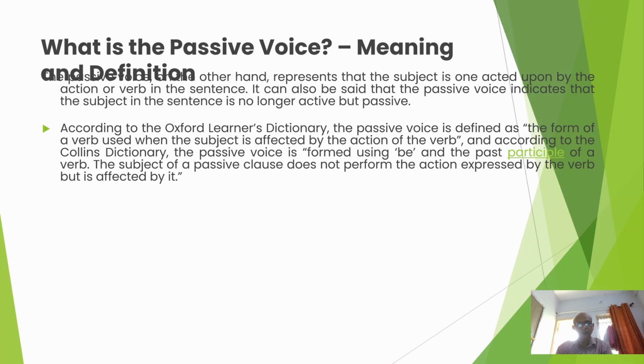According to the Oxford Learner's Dictionary, the passive voice is defined as the form of a verb used when the subject is affected by the action of the verb, and according to the Collins Dictionary, the passive voice is formed using be and the past participle of a verb. The subject of a passive clause does not perform the action expressed by the verb, but it is affected by it.